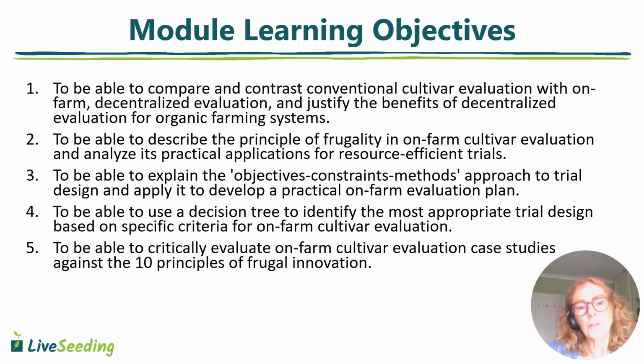Those objectives are woven through the different units within this module, so that you'll get the skills to have achieved those learning objectives through all the units. It's not a separate unit on each of those.